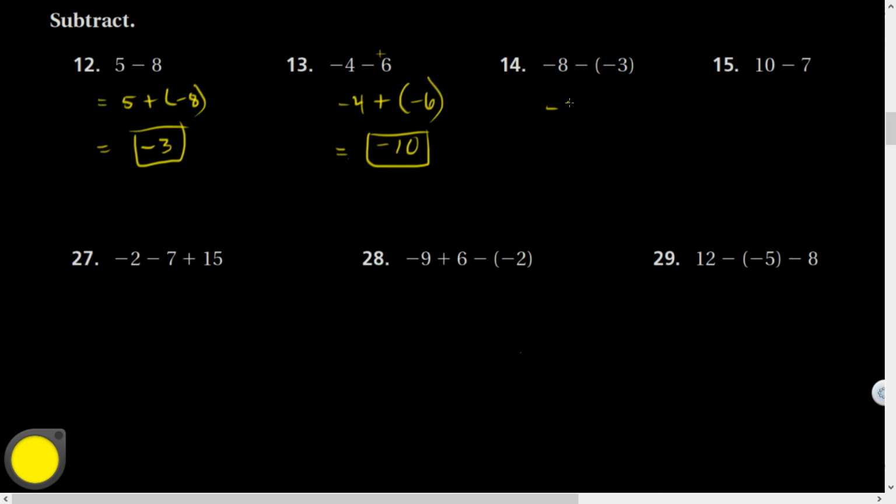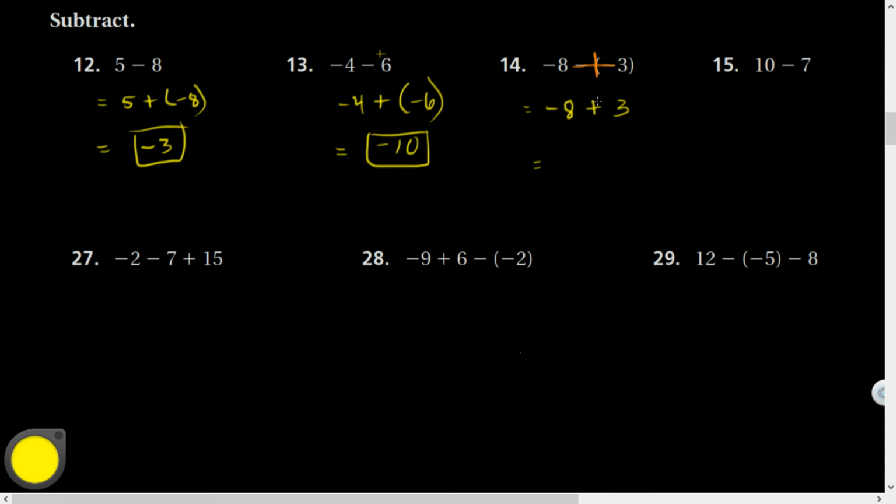Subtracting a negative, I'm going to think of that as adding the opposite of the negative 3, which is positive 3. But the way I like to think about this sometimes is this minus sign and this minus sign and this parentheses, they're all just like, when our powers combine, it's just a plus sign. Minus a negative is just the same as adding a positive. Negative 8 plus 3.